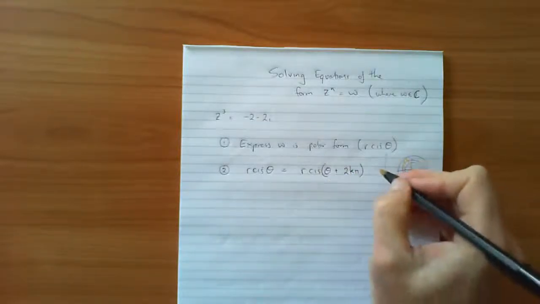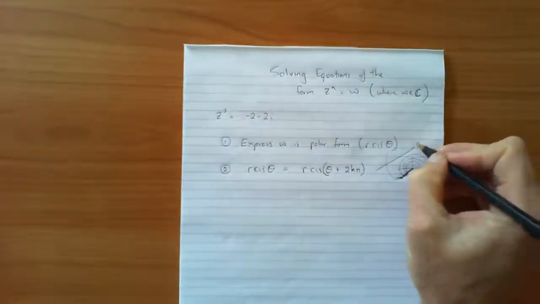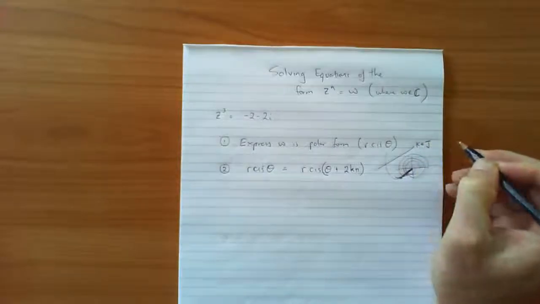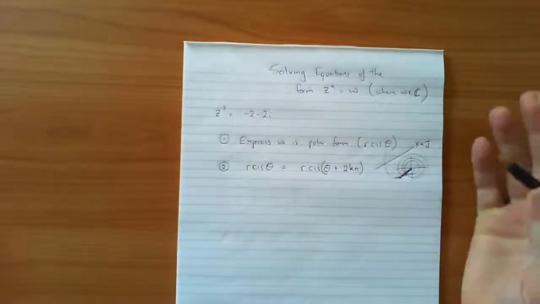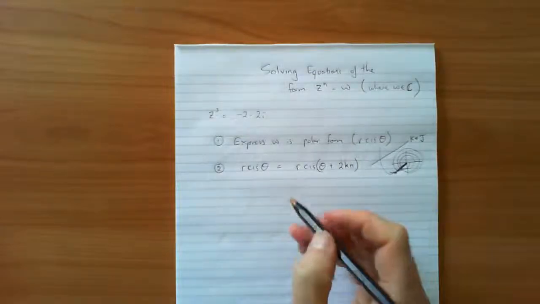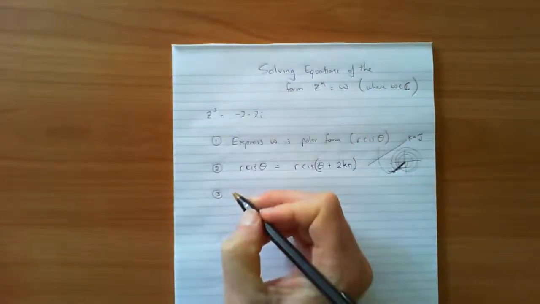We say that k must be an element of the integers. In other words, k could be 0, 1, 2, etc. It can't be fractional numbers.